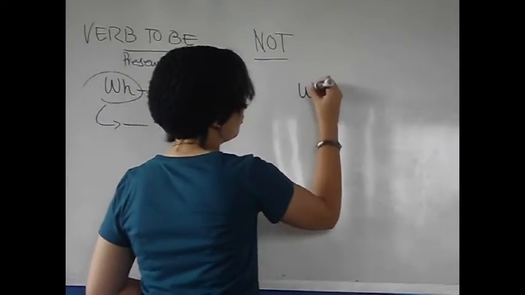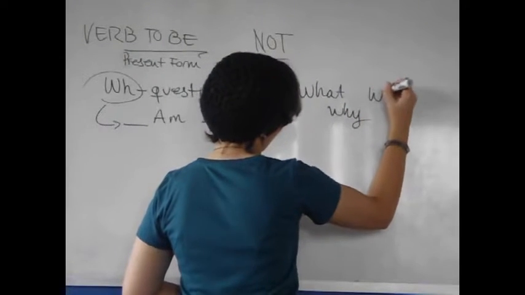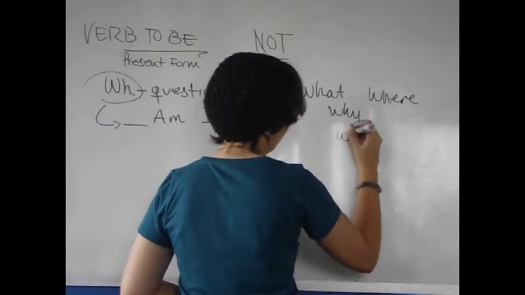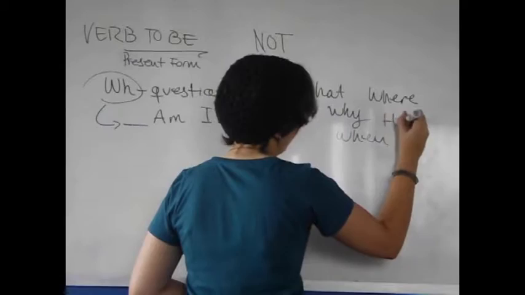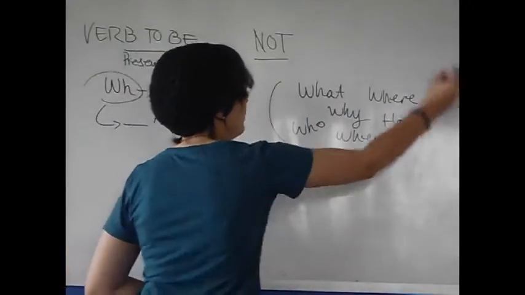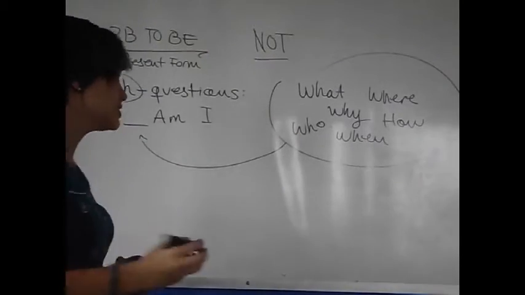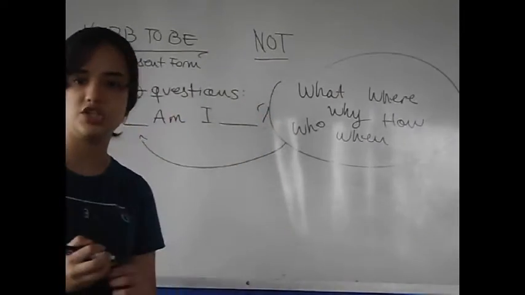So we have what, why, where, when, how, and who. Okay? All of them can be at this point of the sentence. Then the context and the beautiful question mark.